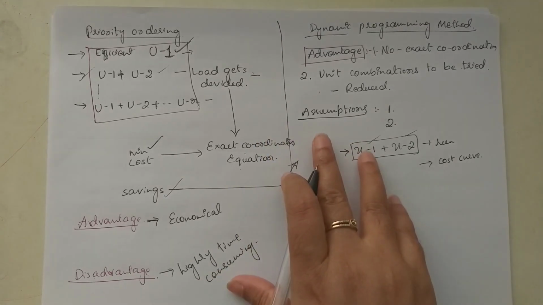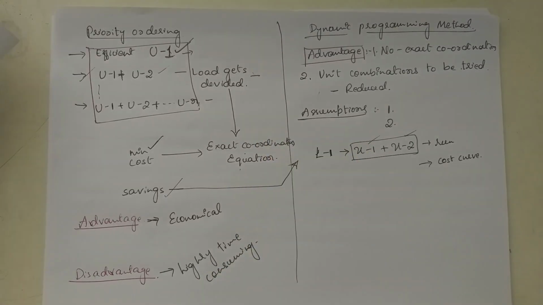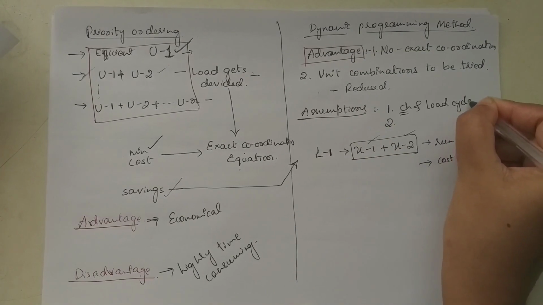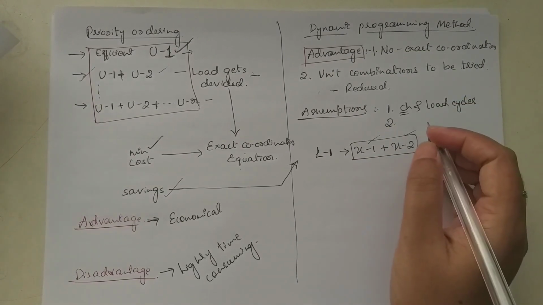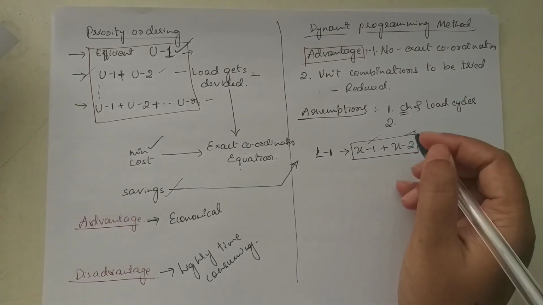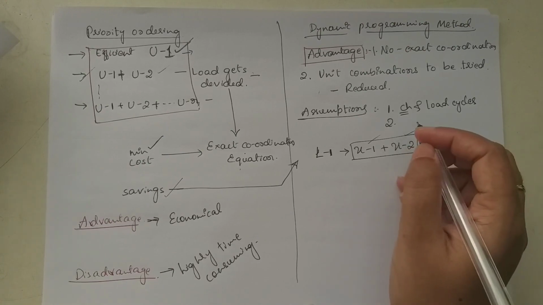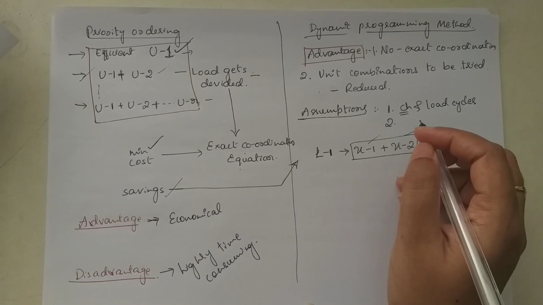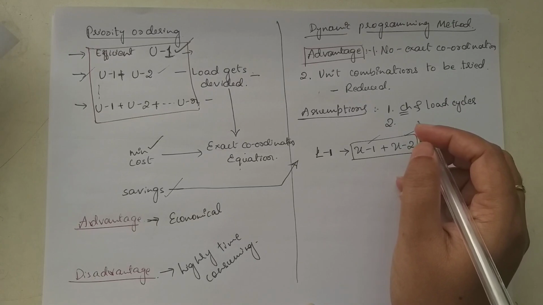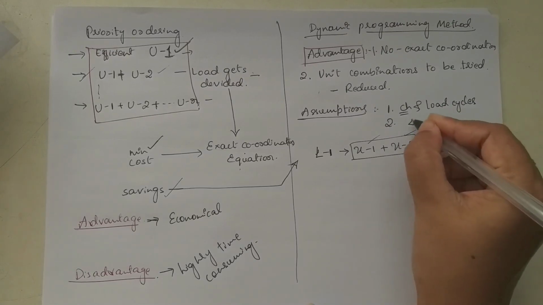The first assumption is that the total number of available units, their individual characteristics and the load cycle are known priorly. The second assumption is that the load on each unit changes in uniform steps of size delta megawatt.